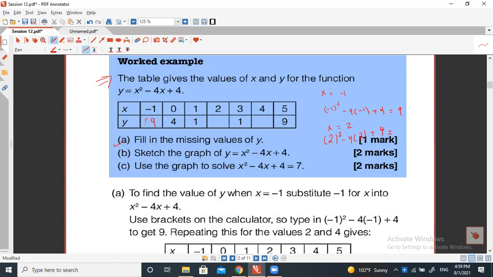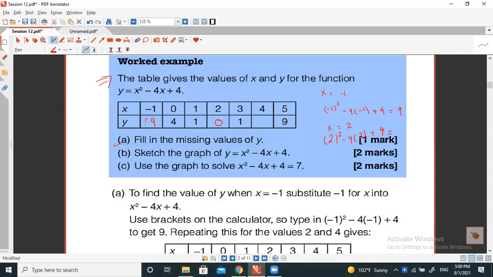The answer will be 0. Are you sure it's 0? Yes sir, it's 0. I just made sure.